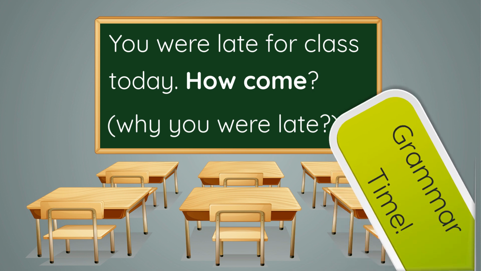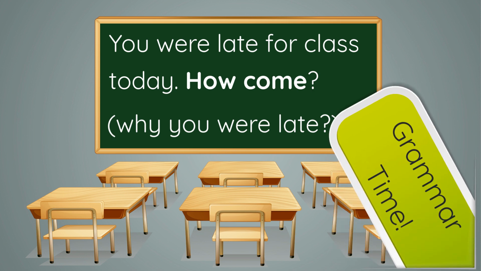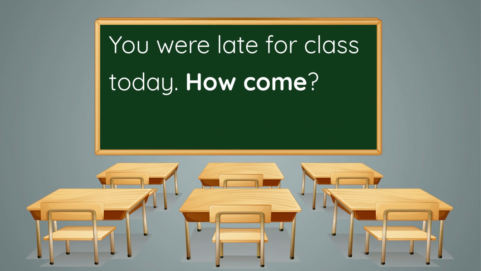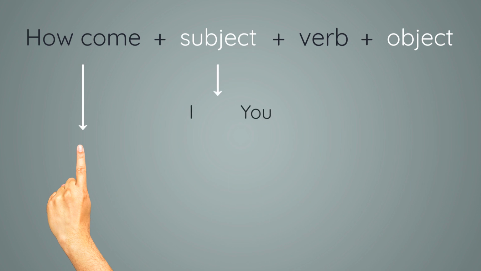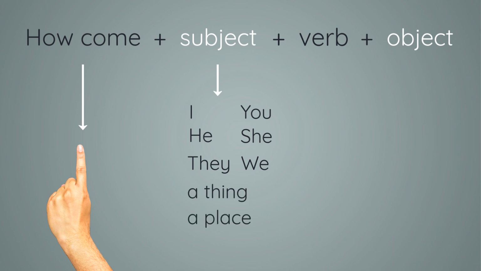So now let's look at the grammar of how come and how we can use it in a sentence. I have here how come, which is at the beginning, and then we have plus the subject. The subject can be I, you, he, she, they, we, or it can also be a thing, a place, or a person.